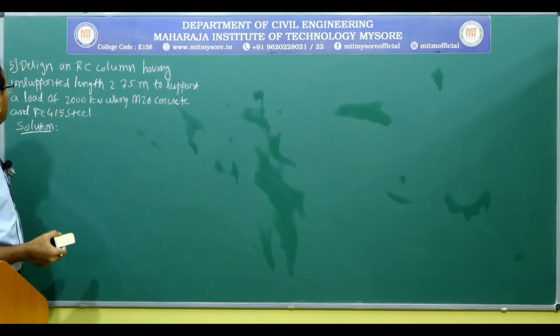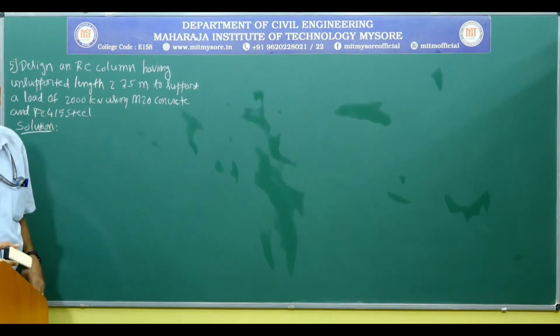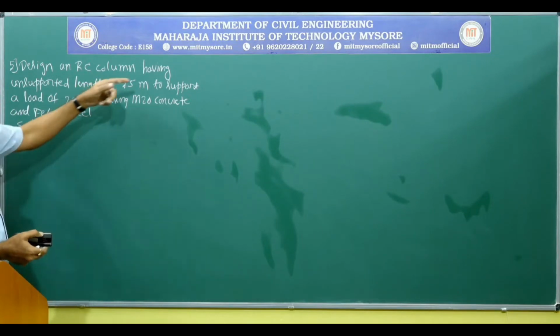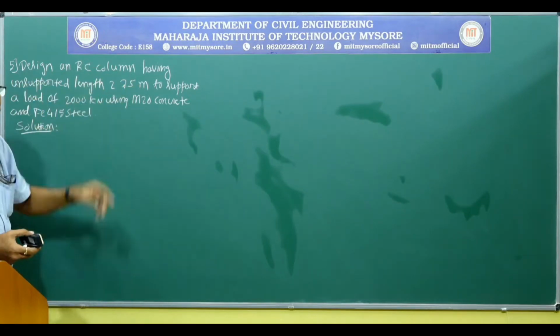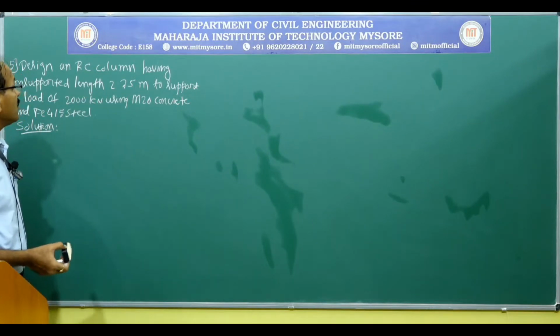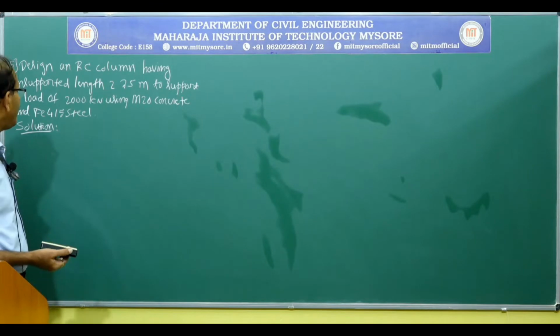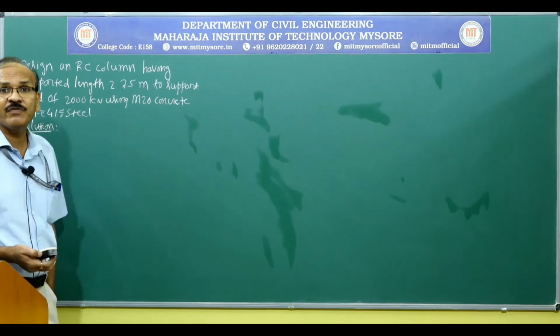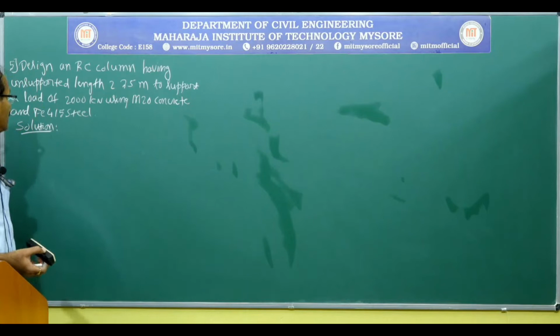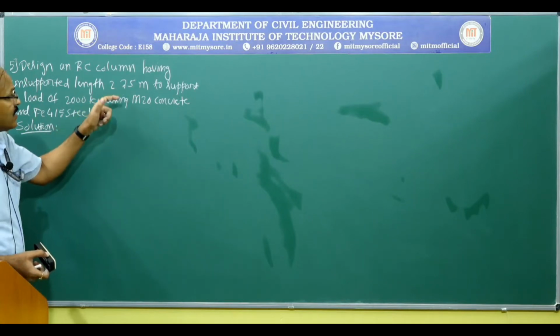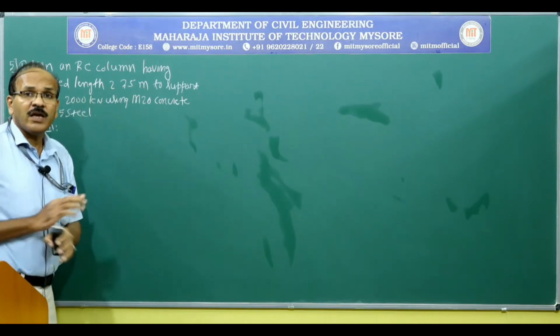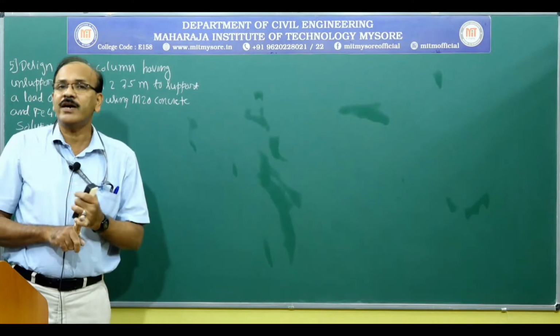So the problem says design an RC column having unsupported length 2.75 meter to support a load of 2000 kilonewton using M20 concrete and Fe 415 steel. See, this problem does not give any cross-sectional dimension.